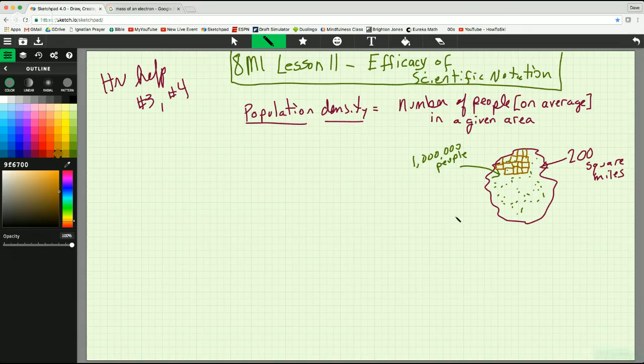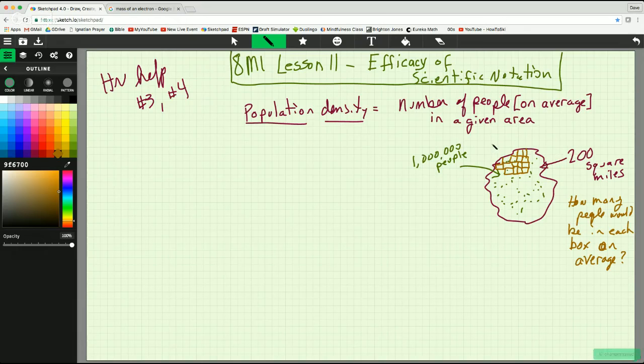The question is how many people would be in each box? How many people would be in each box on average?